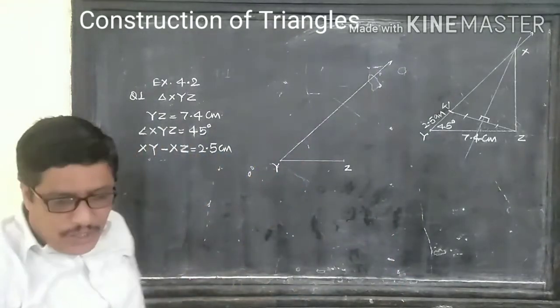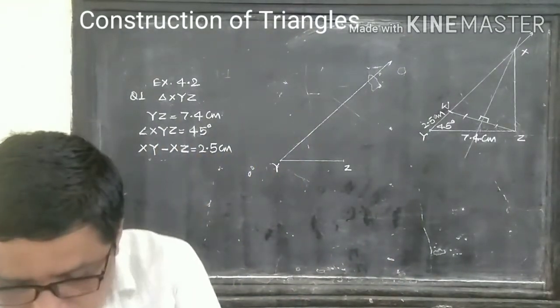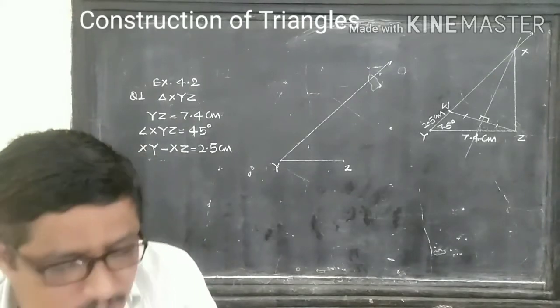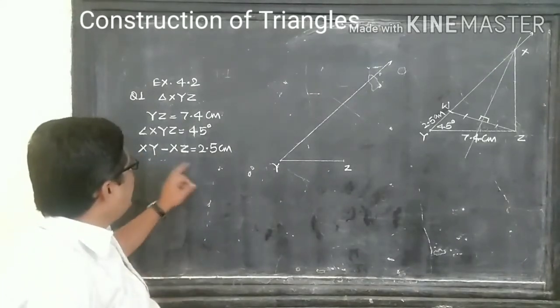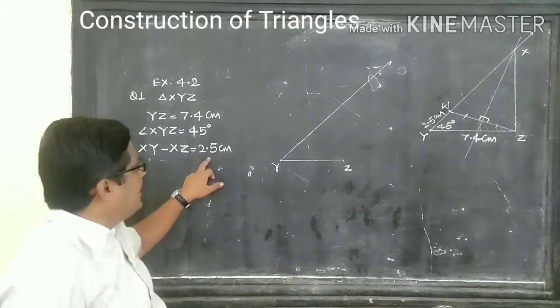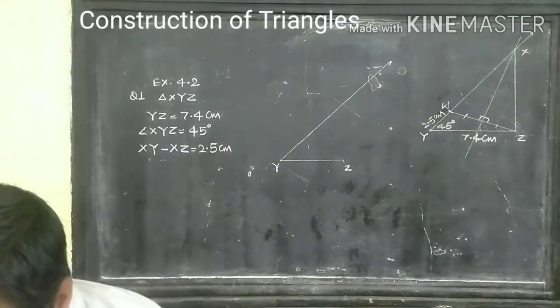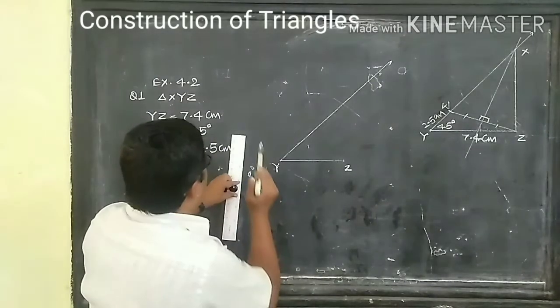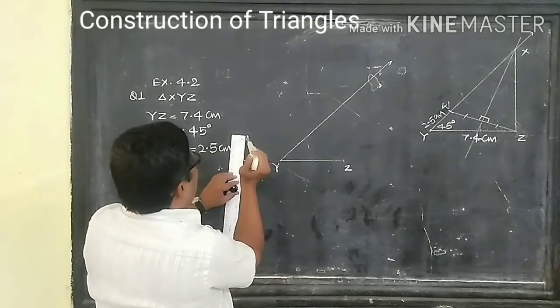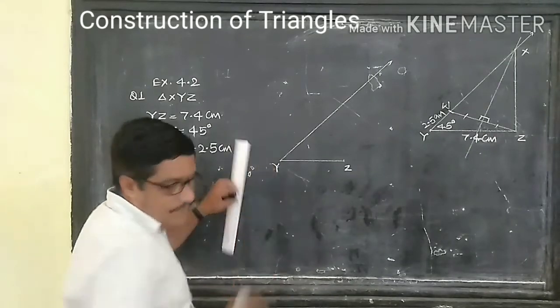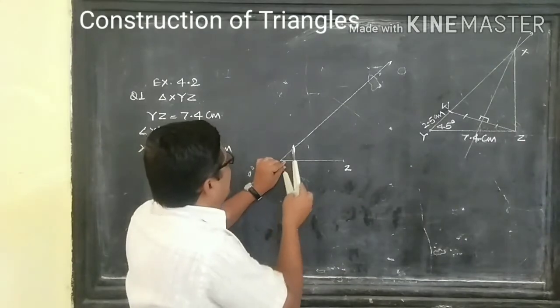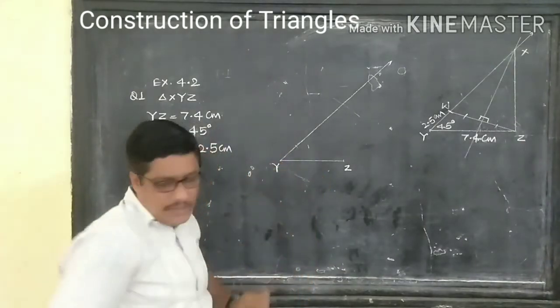Now after drawing a ray, we have to take the difference between the remaining two sides, that is 2.5. So take the distance 2.5 and by that distance we have to draw an arc.